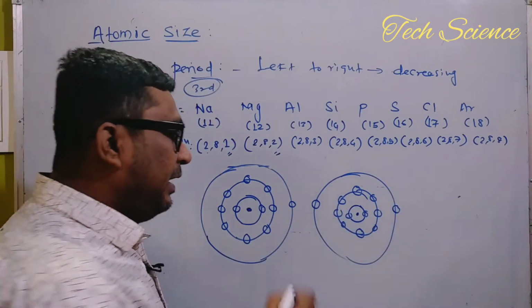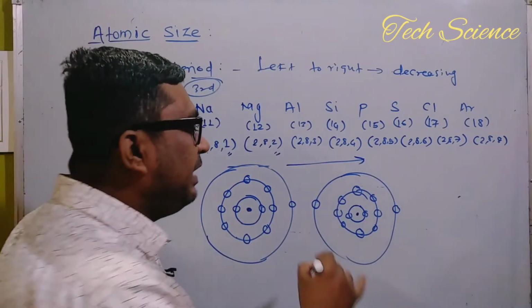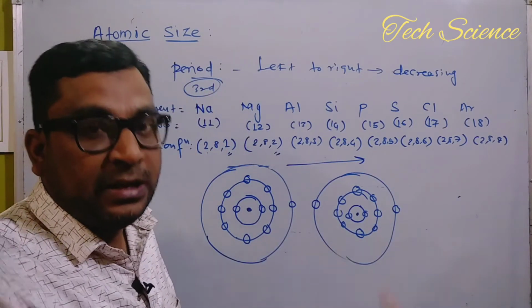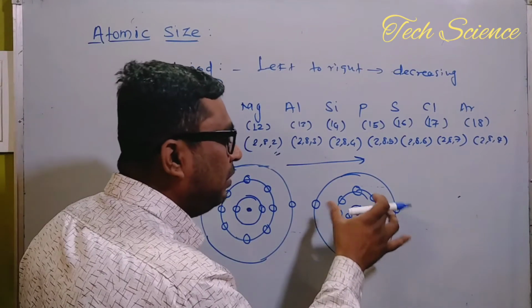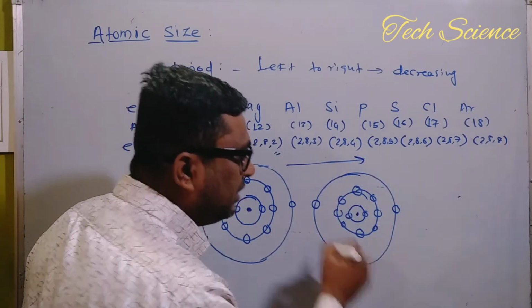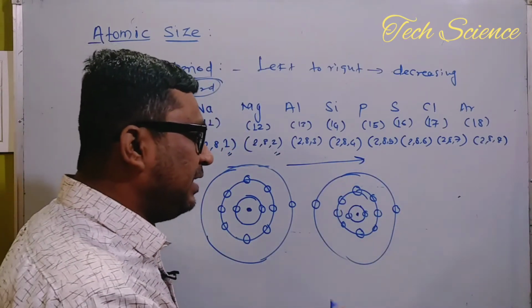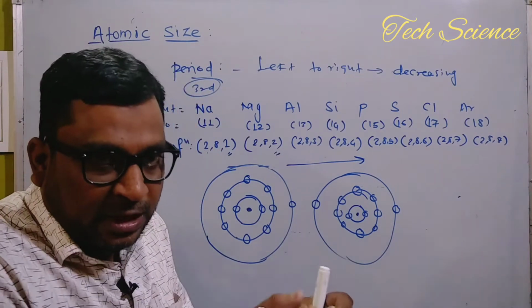What happened here? It means that when you are moving from left to right in a period, the negative charge goes on increasing because of the increasing electrons. And as the nuclear charge, meaning positive charge, also goes on increasing, of course, when there is an increase in the positive and negative charge, there is a strong force of attraction between these.